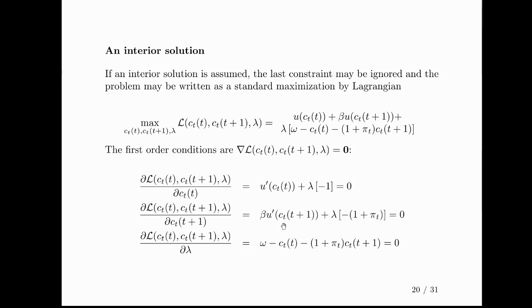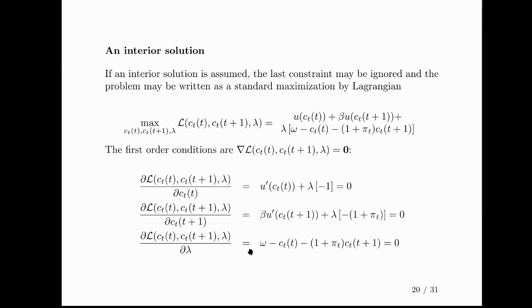So that's this condition there. And then finally, I derive with respect to my Lagrange multiplier lambda. And as always, I get back my budget constraint: omega minus Ct minus 1 plus pi t Ct+1 equals 0. So these are my three first order conditions.